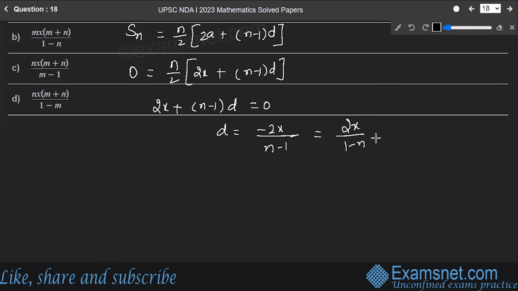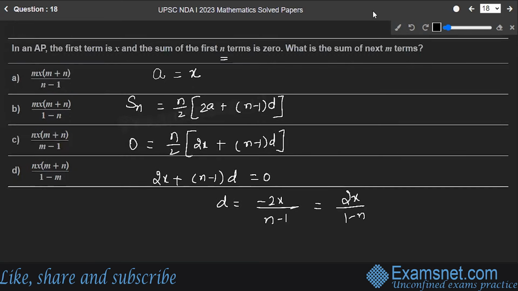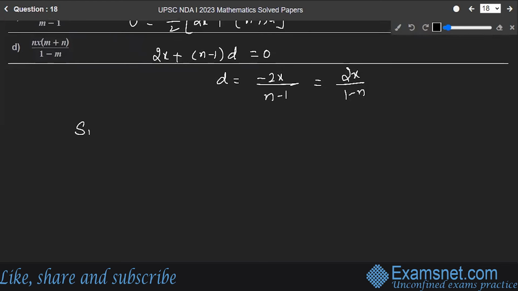Okay. Now, further, you have to find out the sum of the next m terms. Next m terms, that means you have to find out the sum of m plus n terms, right? The sum of the next m terms will be given by S(m+n) minus S(n).